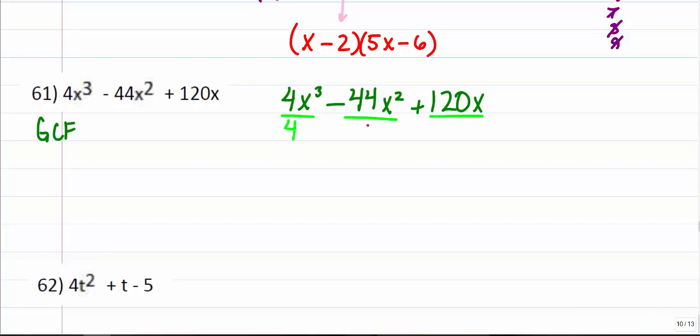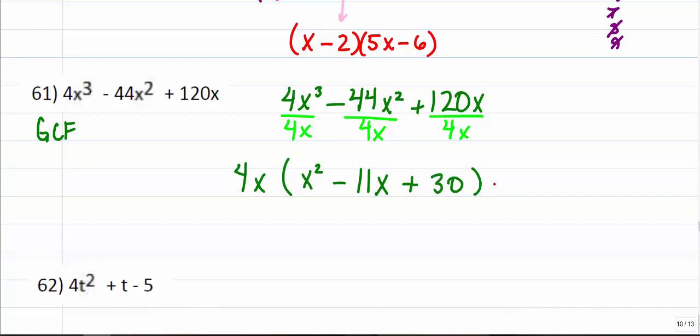Well, they all can be divided by 4, and they all have at least one x. So that means I'm going to end up with 4x times x squared, because the 4's make a 1, and then you subtract 3 minus 1, you get x squared. 44 divided by that would be 11x, and then plus, and 4 goes into 120 30 times.